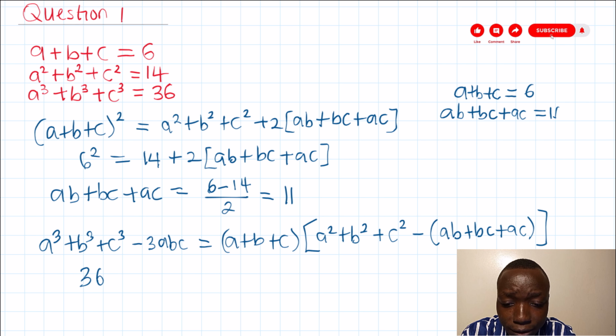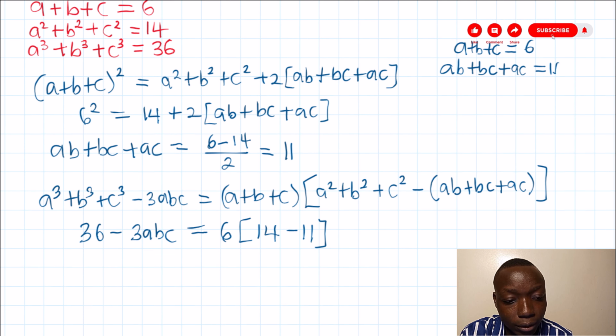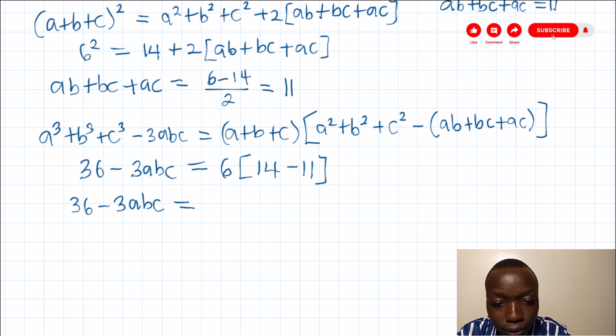So 36 minus 3abc is equal to 6 bracket a squared plus b squared plus c squared is 14, minus the sum of the product of roots taken two at a time, which is 11. If we simplify this, we have 36 minus 3abc is equal to 6 times 3.